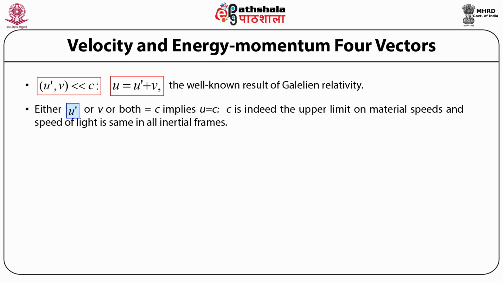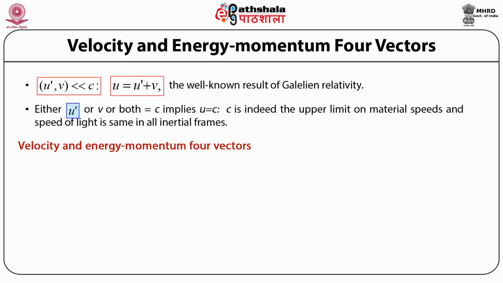That is, we cannot have a material which can move with a speed greater than the speed of light. And the other important result that we get is that the speed of light in all inertial frames of reference is the same. Now let us look at the velocity and the energy momentum 4 vectors.